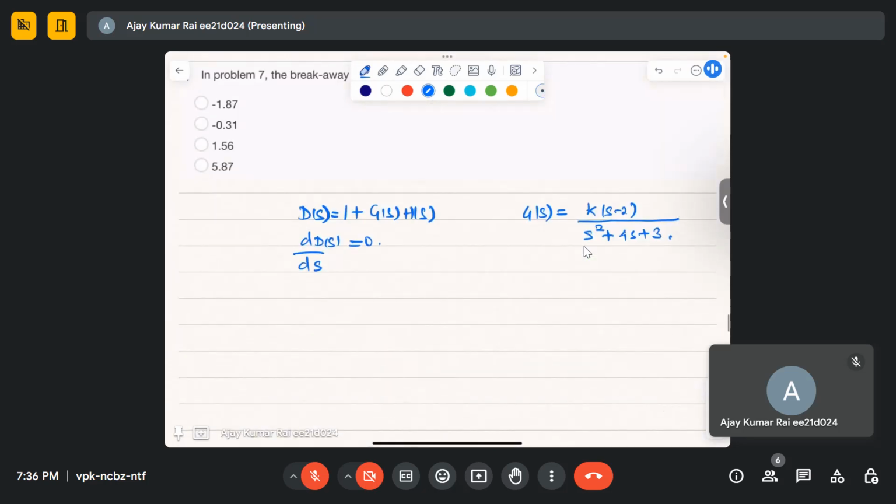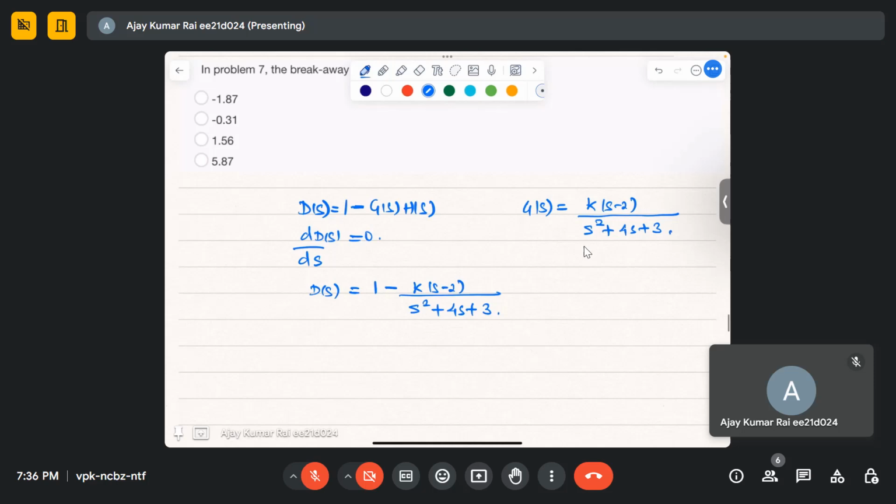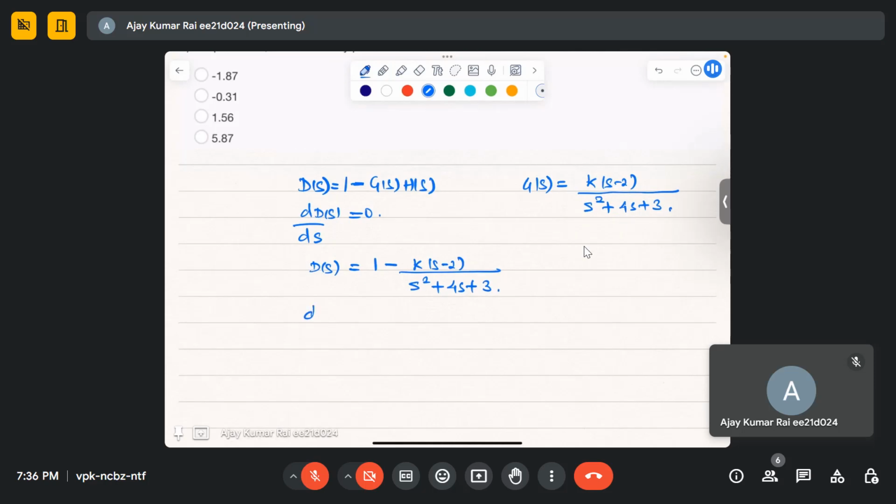So in case of positive feedback, Ts is 1 minus GSHS, so Ts here is equal to 1 minus k times s minus 2 over s square plus 4s plus 3.